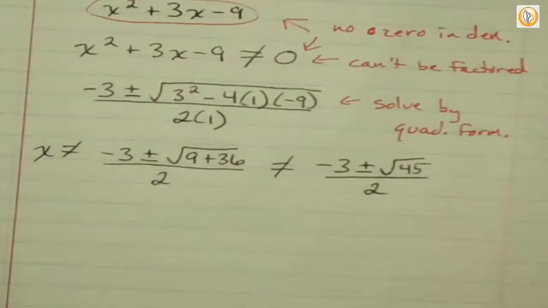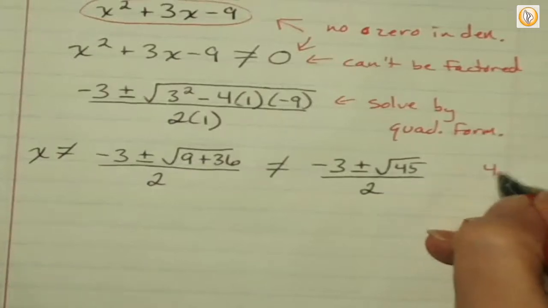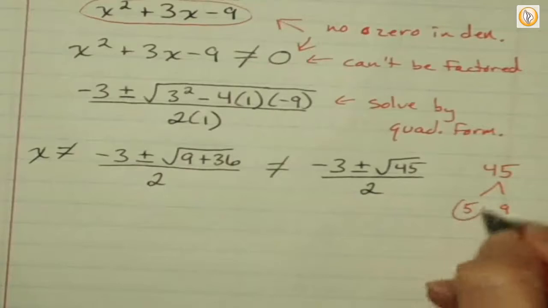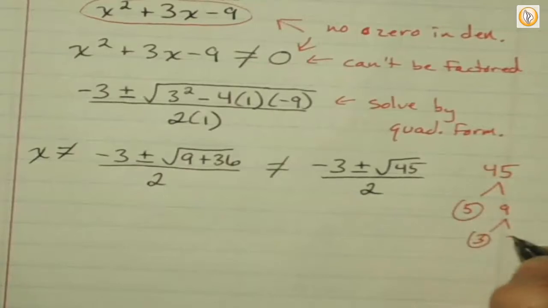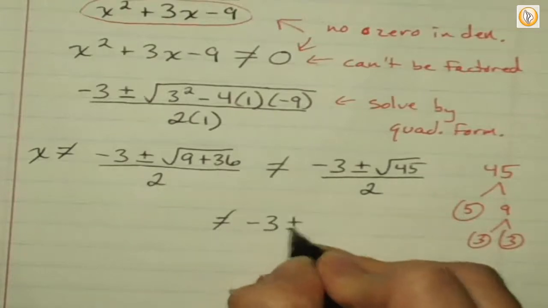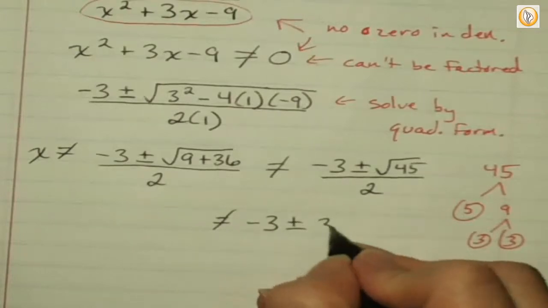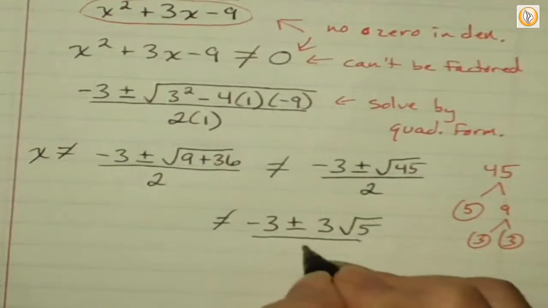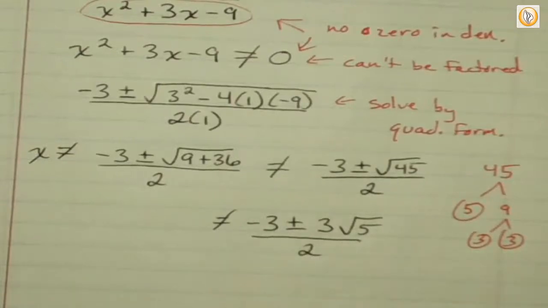Factor it. Very good. You can do your little factor tree. 5 and 9, 3 and 3. So I have negative 3 plus or minus 3 times the square root of 5 over 2. Is there any more that I can do to this? No.